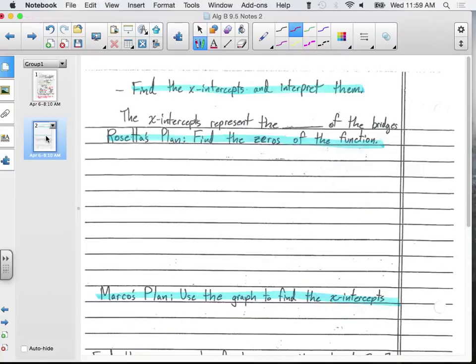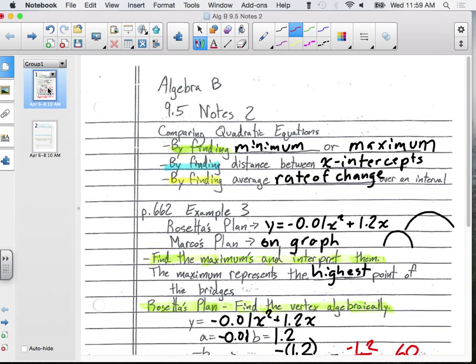All right, moving on to the back side of the notes. The second way we can compare quadratic equations is by finding the distance between our x-intercepts. Here is Rosetta's bridge, here is Marco's bridge.